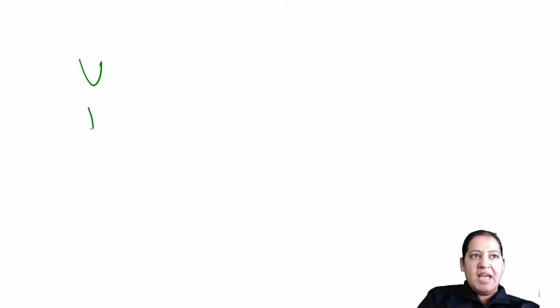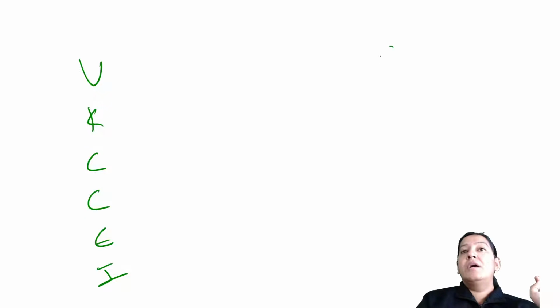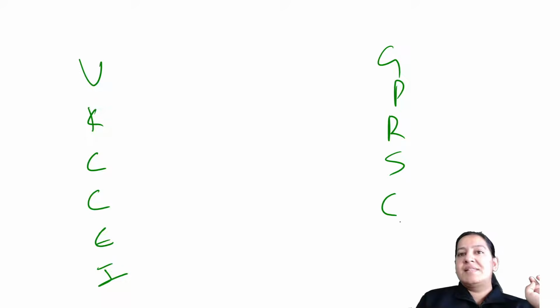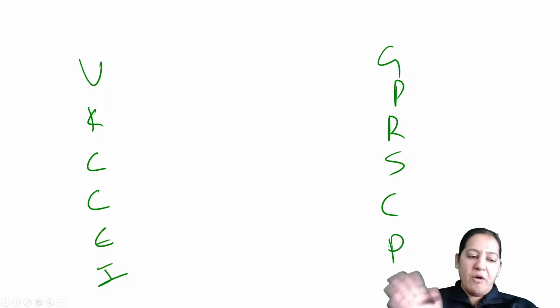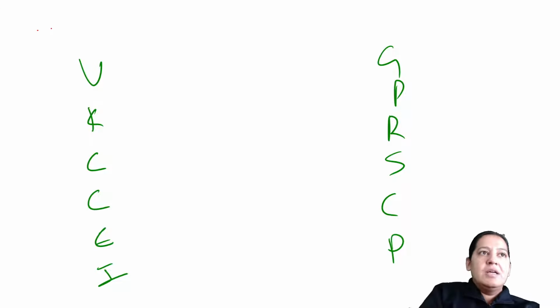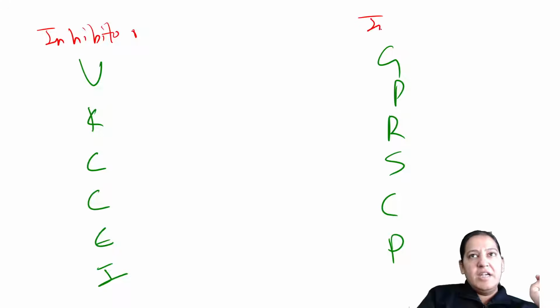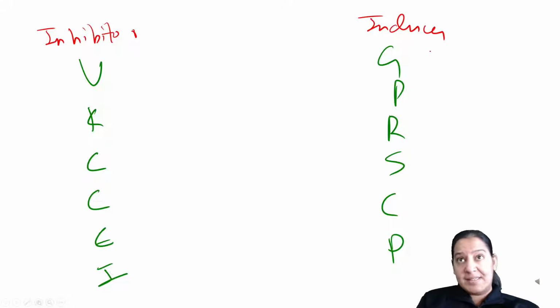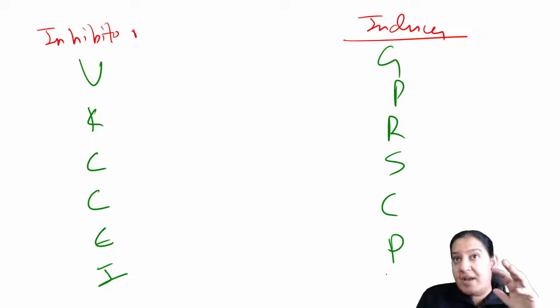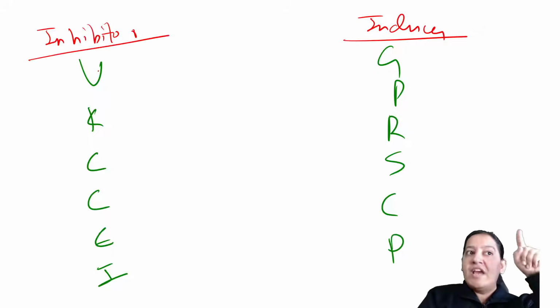Vitamin K cannot cause enzyme inhibition and GPRS cell phone. So learn the full form of inducer and inhibitor. These are inhibitors, and these are inducers. So don't mix them. The mnemonic for inducer is GPRS cell phone, and for inhibitor it is vitamin K cannot cause enzyme inhibition.